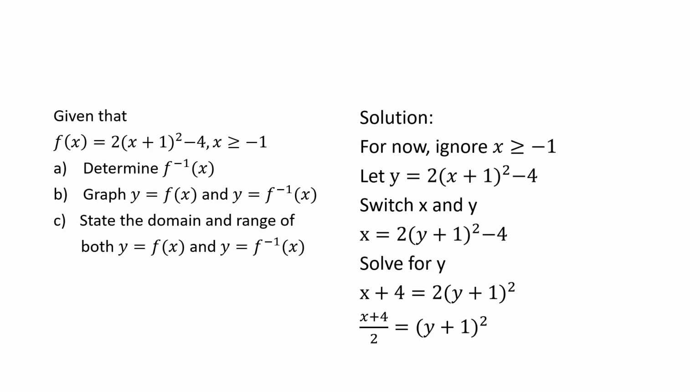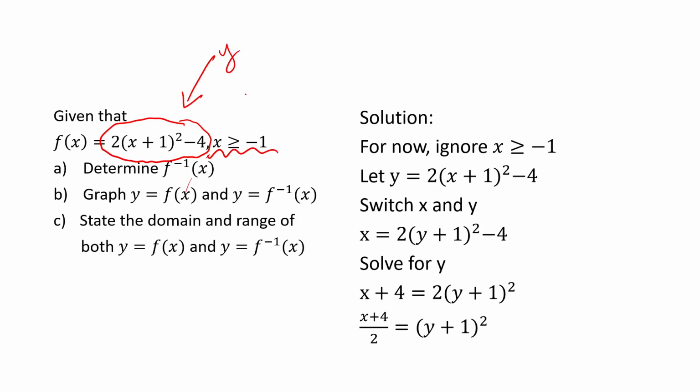So, what we can do is we can ignore the part that says x greater than or equal to 1. We can ignore that and simply say let y equal this part. Now, you might be tempted to say, sir, you can't just ignore something like that. We actually technically can, because in the question, there's no y.